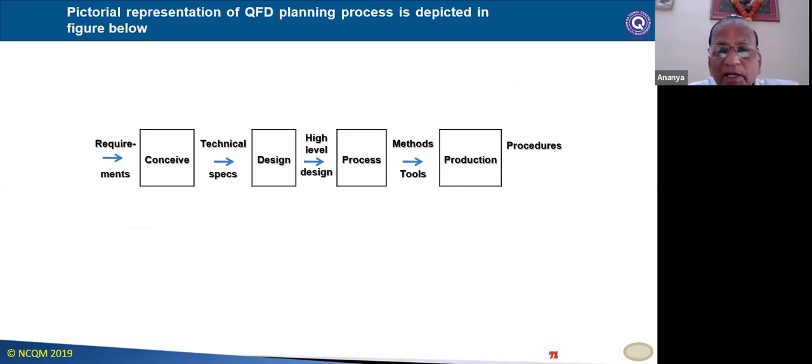So this is basically how the sequencing has been done after getting the requirement of a customer. You are converting that into a technical specification so that it comes to a design department. Customer requirement, take as an example a new car.